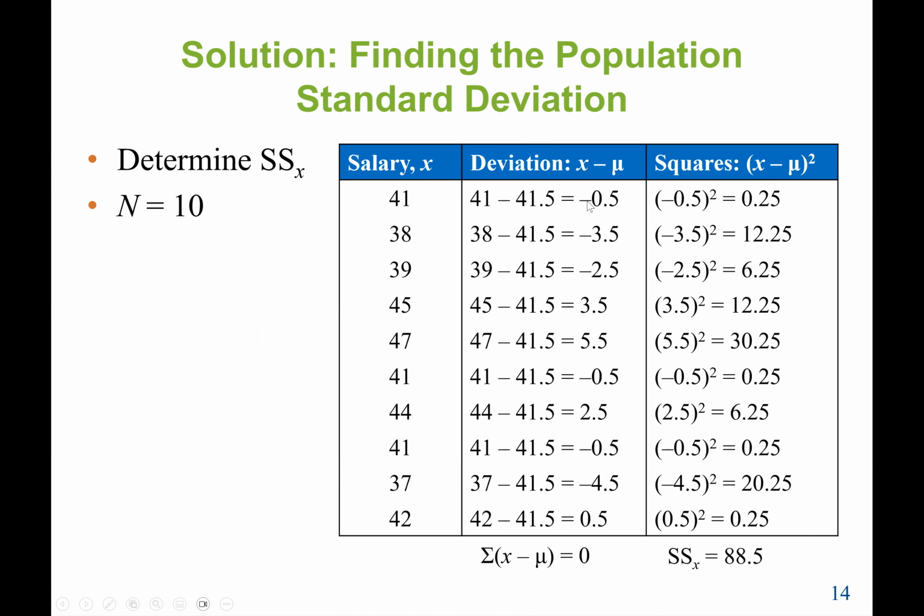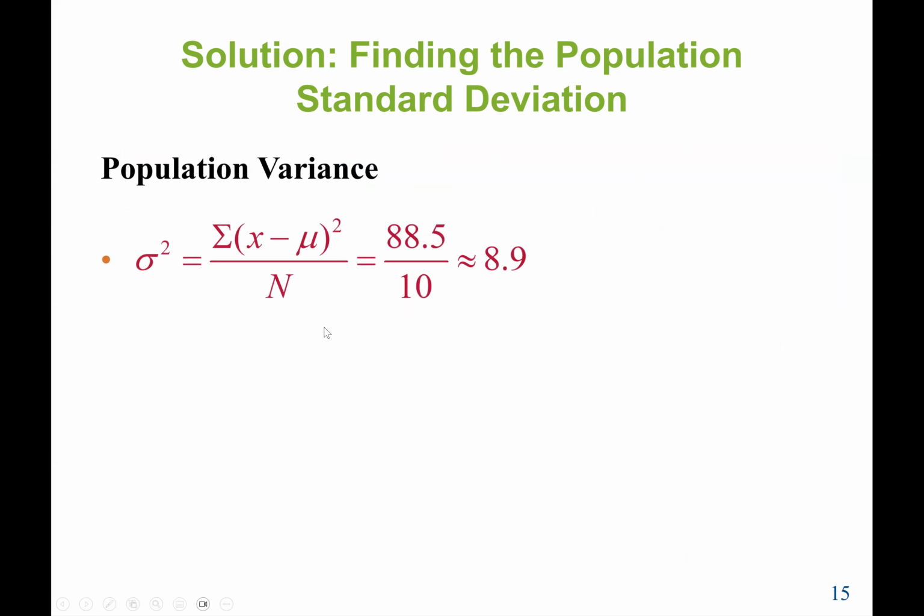The goal here is that, for example, we have -0.5 here. When I square -0.5, it gives me a positive value, 0.25. So we can see that on the square of each deviation, all the values are positive. Then we sum all, and that gives us the SS, sum of squares of X. Now, after that, to find the variance, we divide by the population size.